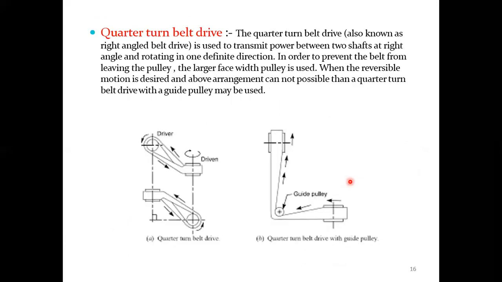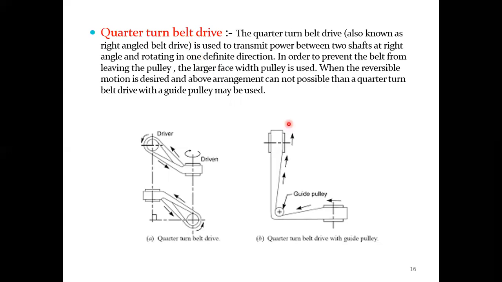Next, quarter turn belt drive, also known as right angled belt drive. It is used to transmit power between two shafts at right angles and rotating in one definite direction. In order to prevent the belt from leaving the pulley, a large face width pulley is used.